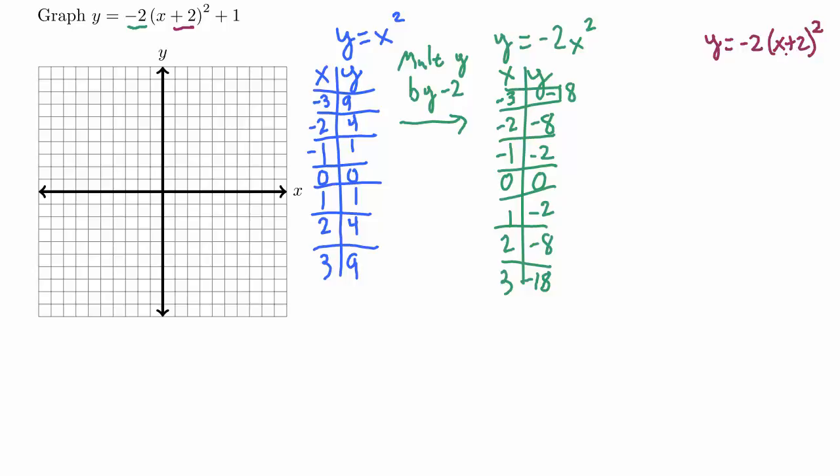Therefore, it's directly associated with the x, which means it affects the x value. And again, because it affects the x value, we do the opposite of what it says. So it says +2, therefore we subtract 2. In other words, we want to subtract 2 from the x values. And that'll give us a new table.